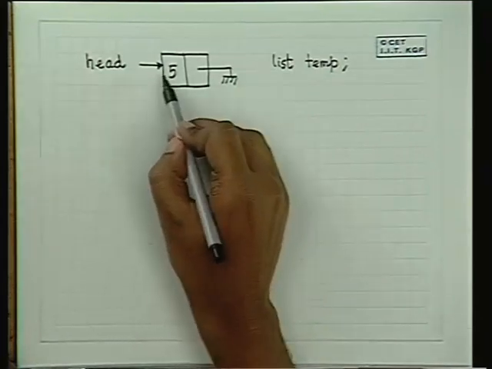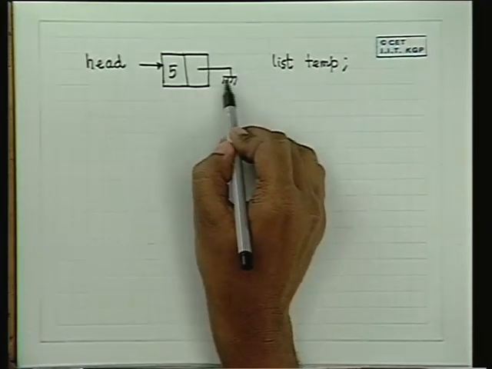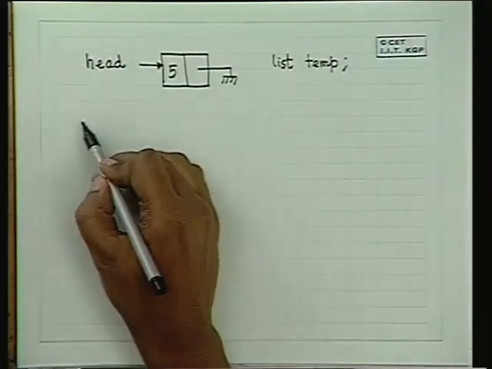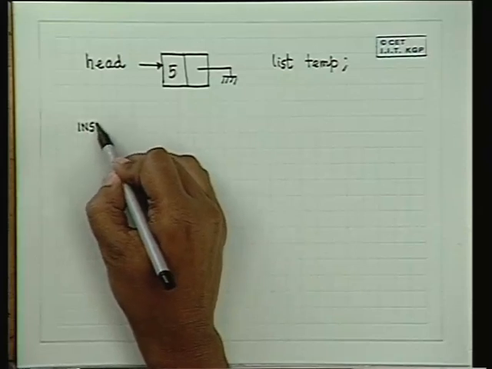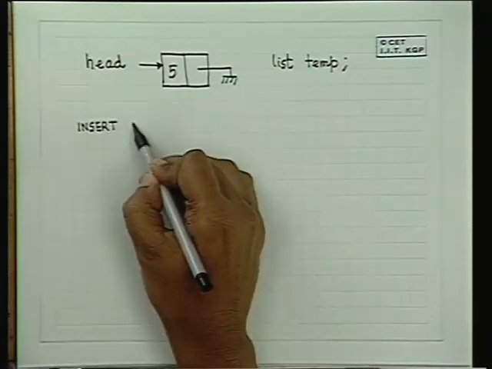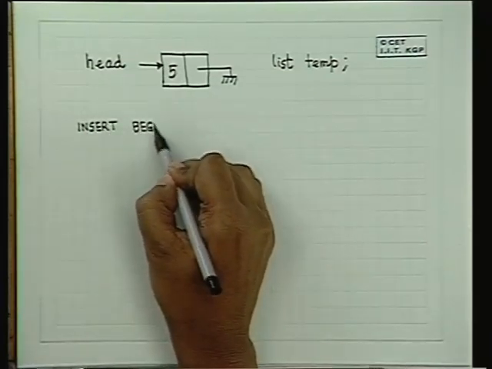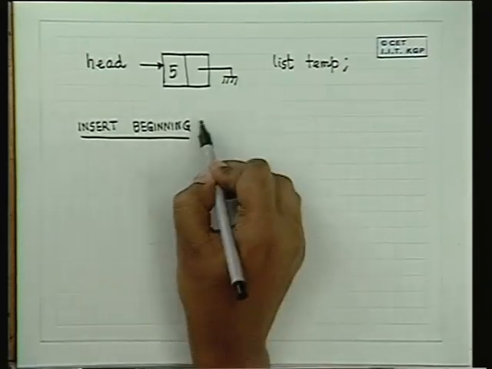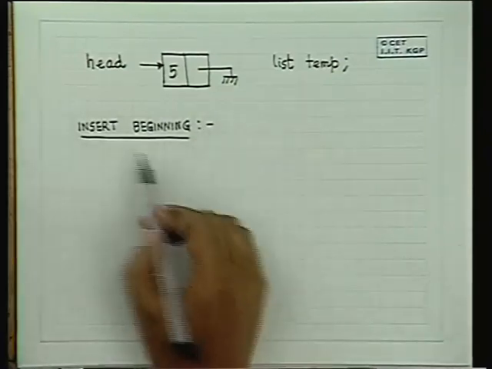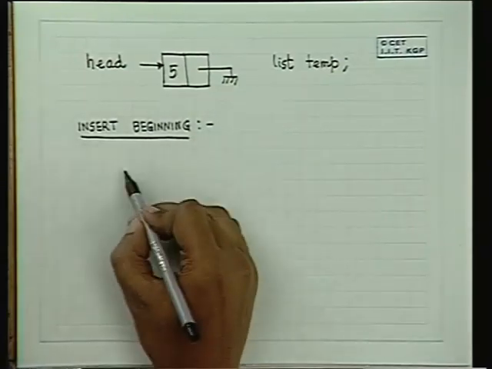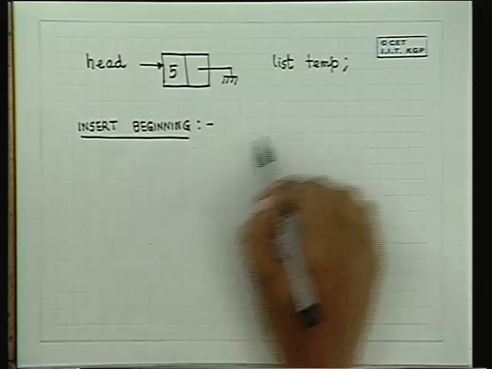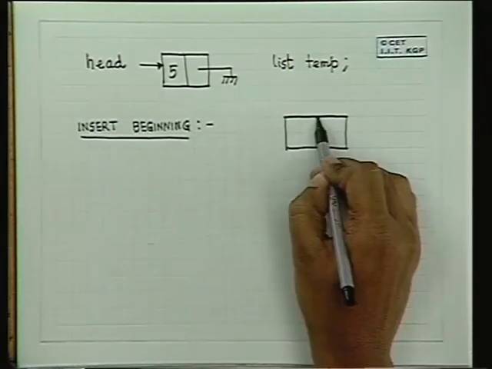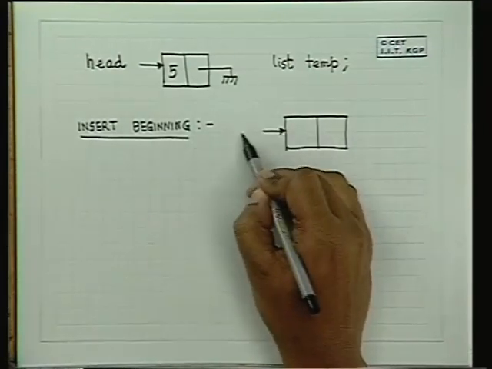So what we can do is, suppose we have two options. We can put it at the end or we can put it at the beginning. So suppose we want to insert in the beginning. Then, schematically or diagrammatically, we will have to allocate one element into, say, temp.